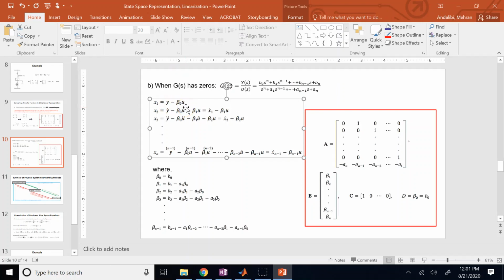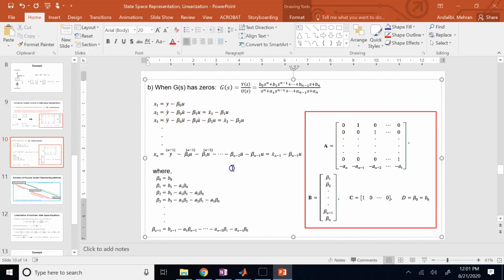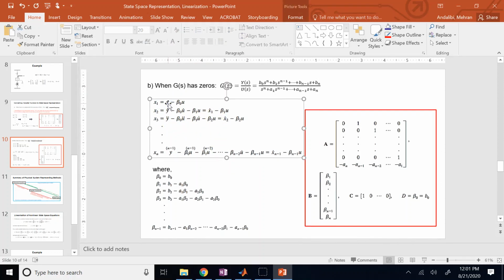Remember, I told you in some cases we have to combine input and output, and they are not necessarily meaningful nor measurable. That's the case. And these betas, they all have units. So here I'm combining my output y with a coefficient beta times u. Then the second vector is first time derivative of output plus another combination of what? First time derivative of input plus the input.